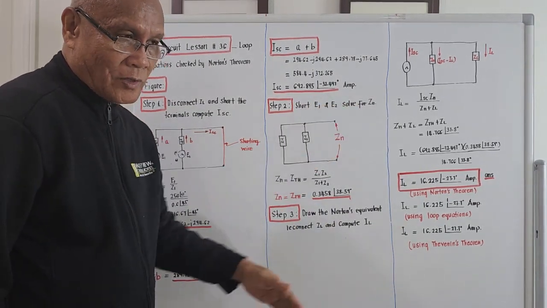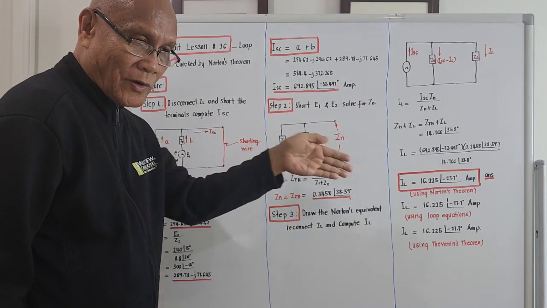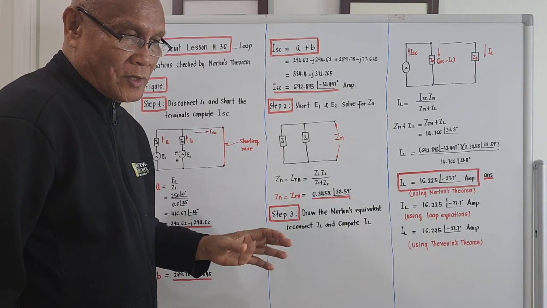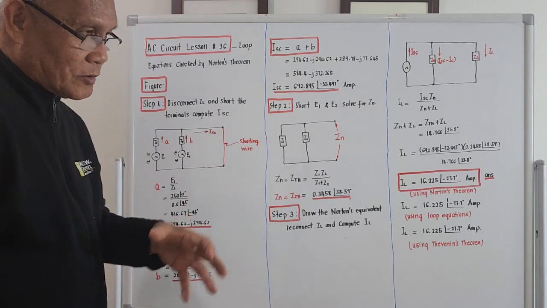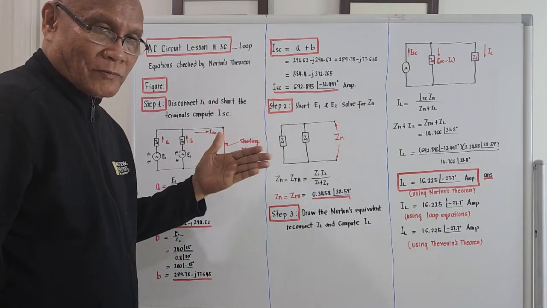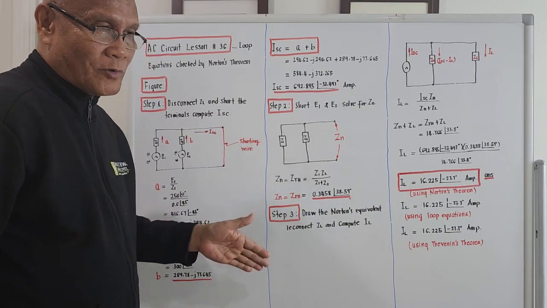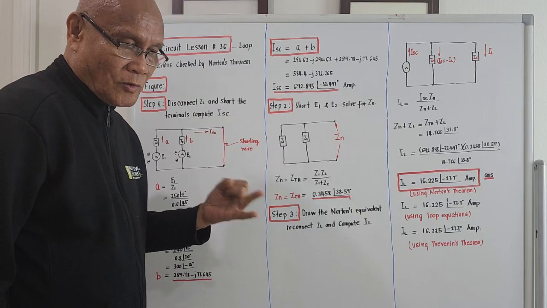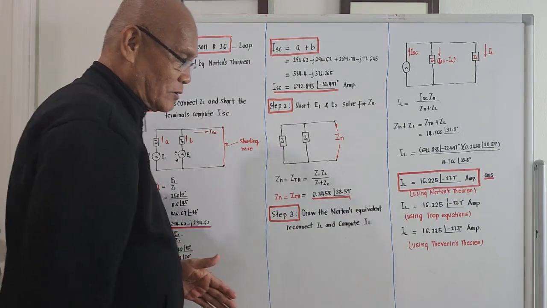The last time around, we checked the solution against the loop equations, and we brought out that they were the same. This morning, we will be presenting a Norton solution solving the same problem, and we shall bring out the same solution as from the previous loop equation and Thevenin's solution. Let's go to the final answer before I discuss the solution.